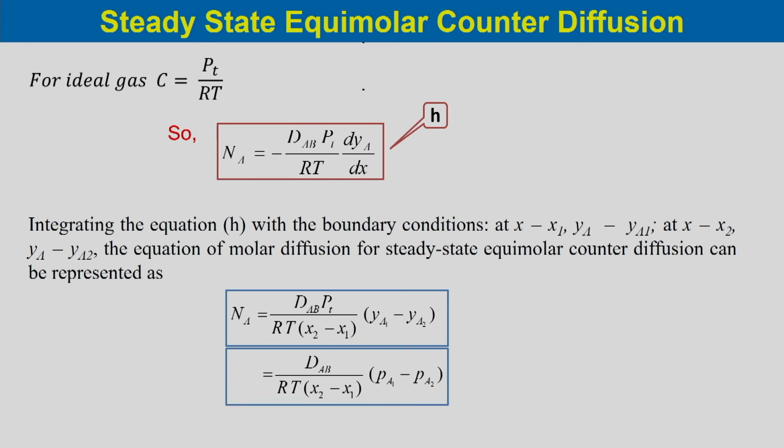So, from here if we rearrange, it would be D_AB by RT (x2 minus x1) into (P_A1 minus P_A2), the partial pressure of component A at point 1 minus that at point 2.